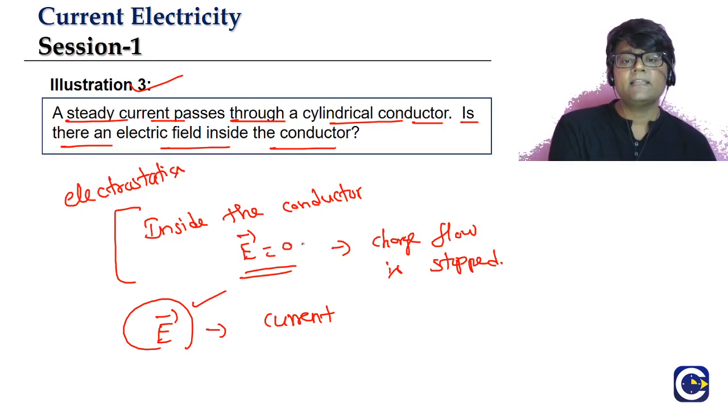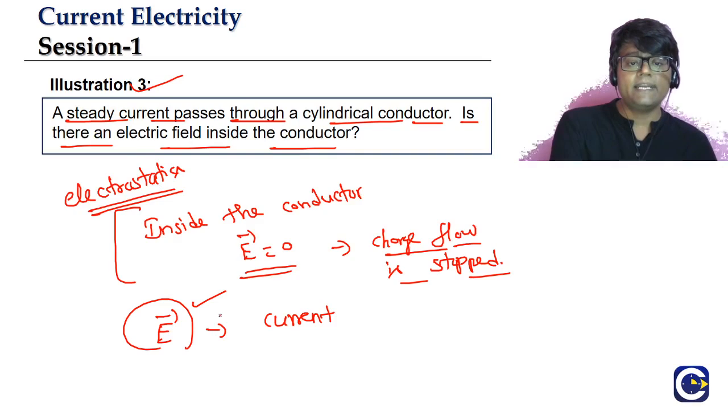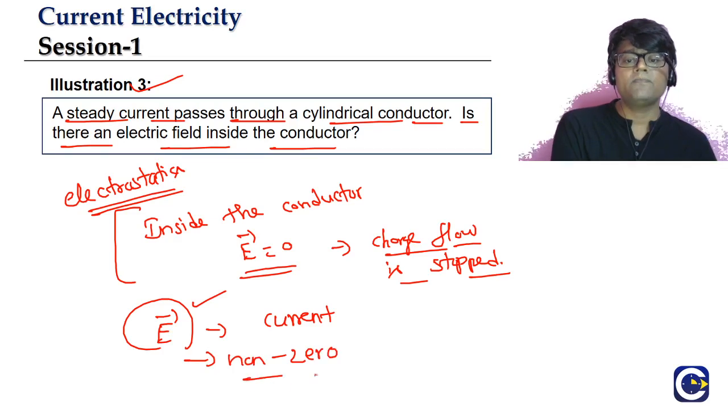When inside the conductor the electric field is going to be zero, guys, this is a thing that we will be learning in electrostatics. I'm sure some of us are able to recall that, because inside the conductor the electric field will be zero only when we talk about the situation where the charge flow is stopped. But if we talk about a current, as long as there is current inside the conductor, the electric field will be non-zero, or it will have some value.